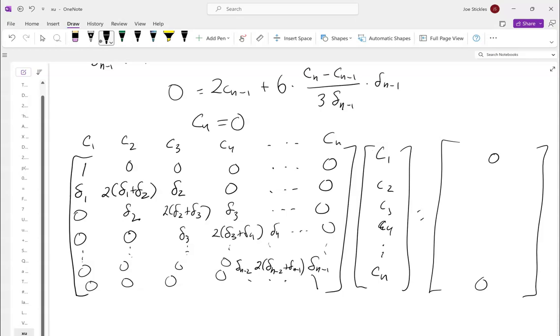Now your constants here are going to be 2, like so, all the way to this one.